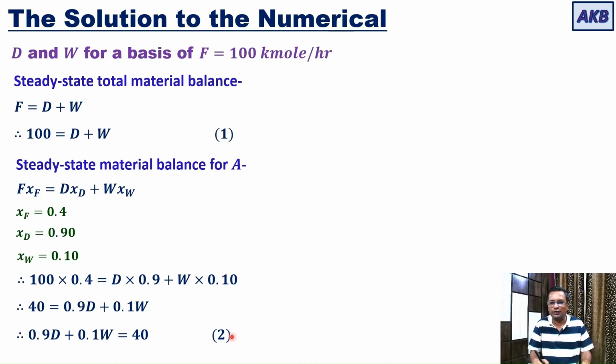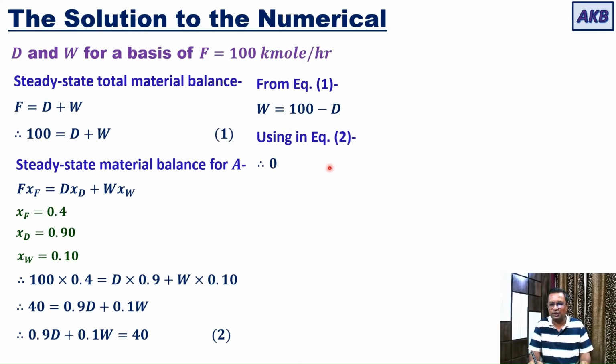So if you look at equation 1 and 2, you have two unknowns, D and W. You have two equations. And then you can solve these two equations simultaneously to get the unknown quantities, which in this case are D and W. So from equation 1, W is 100 minus D. I am going to use it in equation 2.